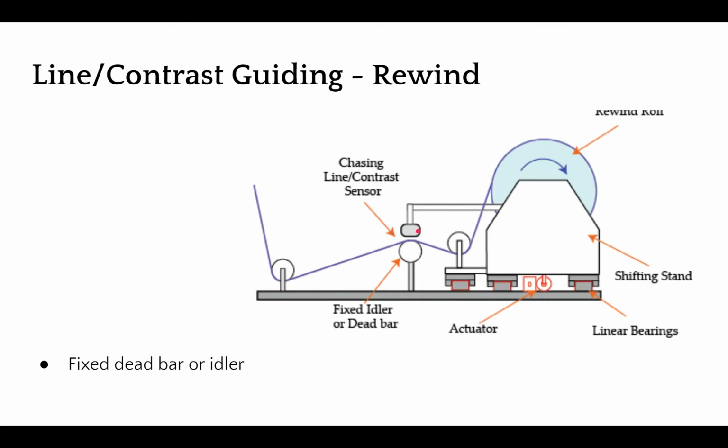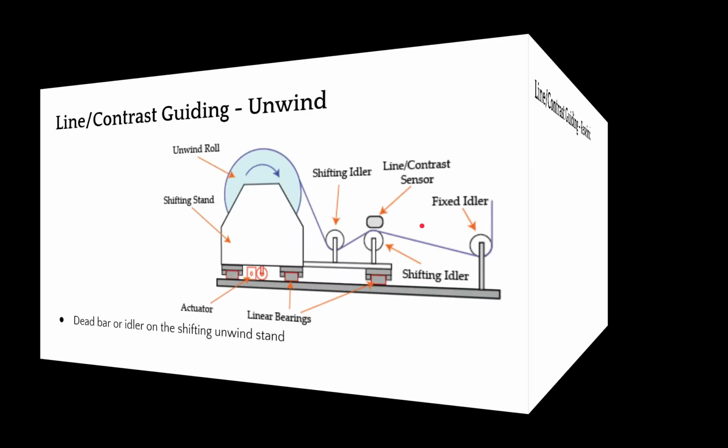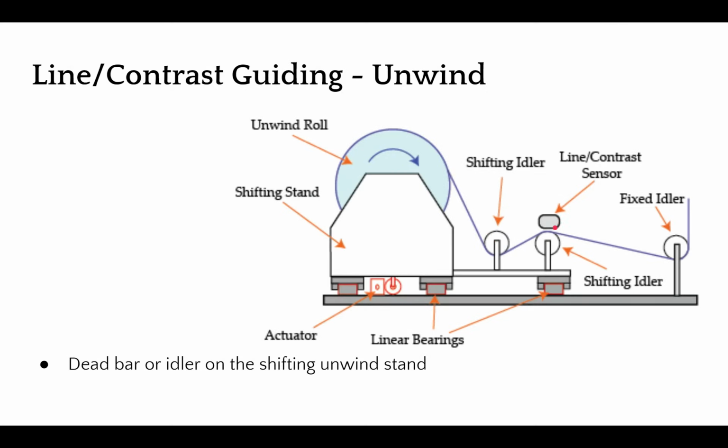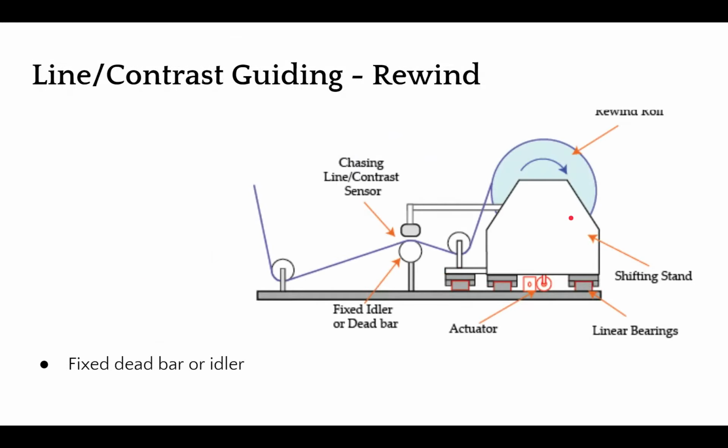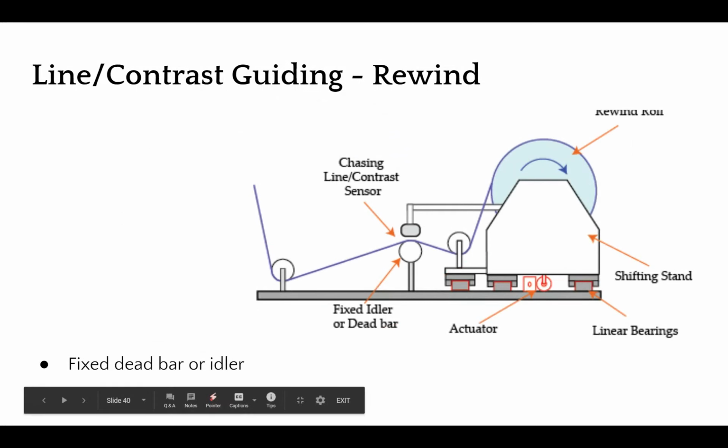It's not actually guiding the web. If you look at the unwind, it's the opposite. The sensor is actually fixed. It's not very clear here, but it's not attached to the carriage. The sensor is fixed, and that's how it is.